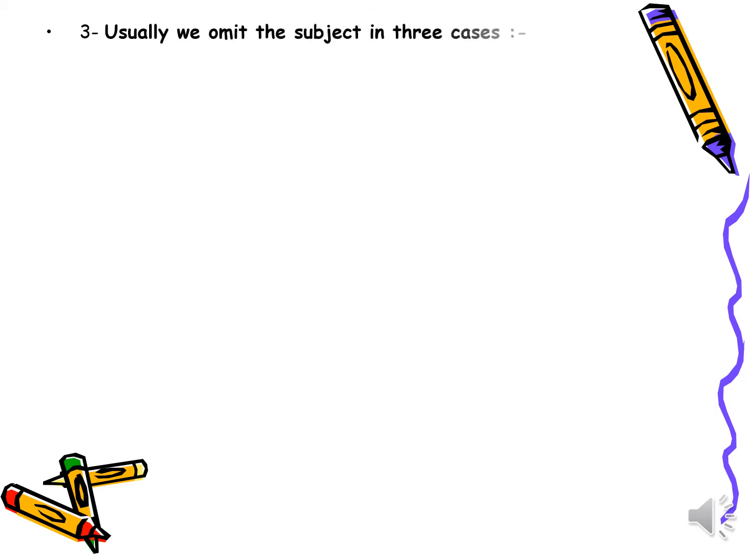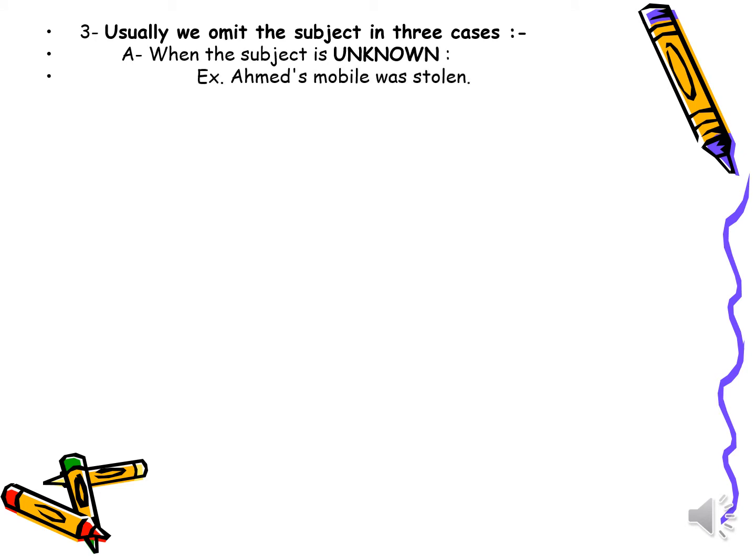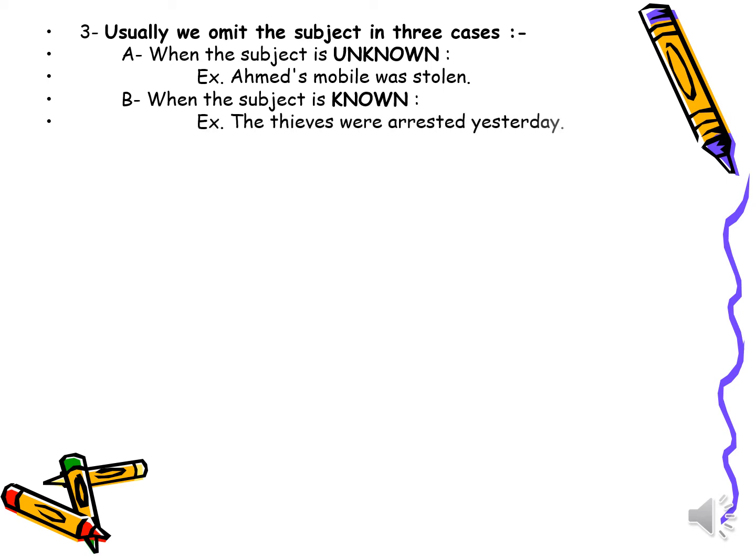There are some cases to cancel the subject. Number one, when it's unknown. Look at the example: Ahmed's mobile was stolen. We don't know who stole the mobile. Number two, when it's known. Look at the example again: The thieves were arrested yesterday.